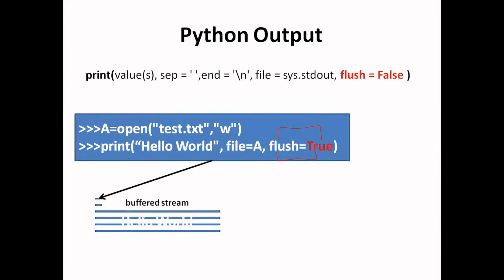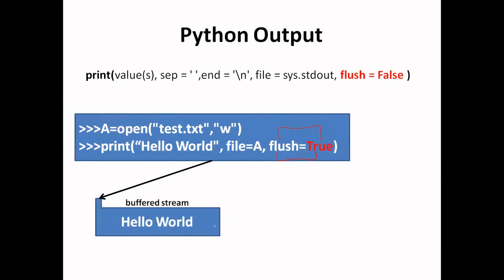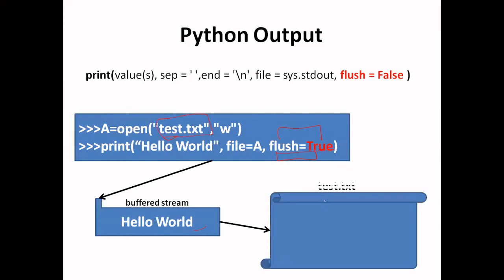This buffer stream contains the string hello world, and it will be flushed out when this statement is executed. So even though I have not closed the file, if I open this file test.txt, we will get this string here, which was not the case previously. So in this case we are flushing out the buffer stream forcefully.